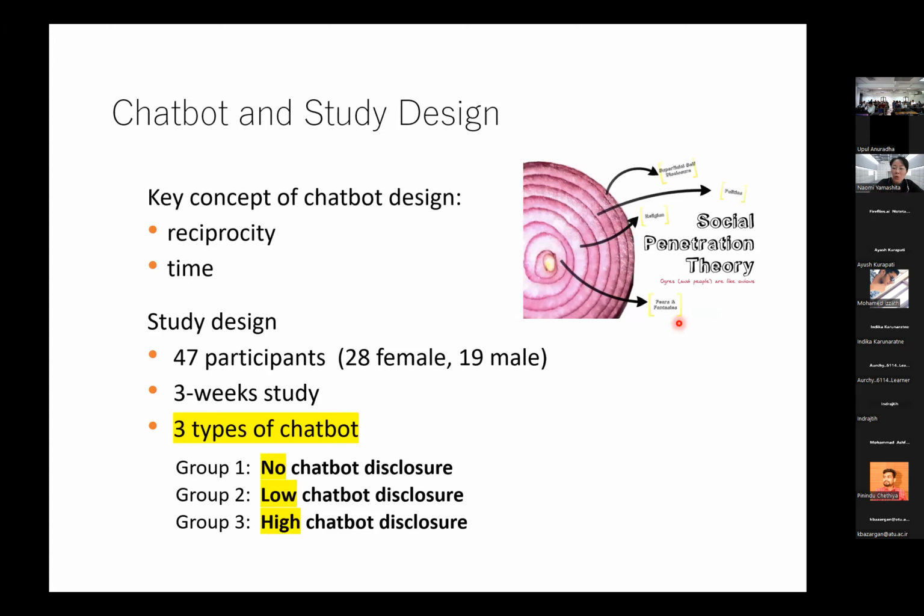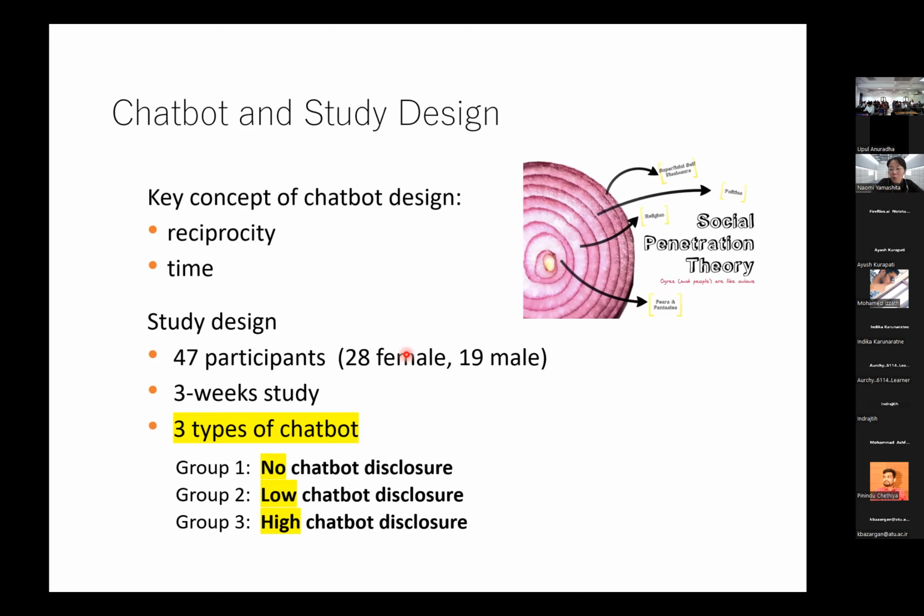Now, according to social penetration theory, reciprocity and time are key elements to build deep relationships among humans. And so, disclosure should happen from both sides. A relationship does not happen if only one person keeps on disclosing. So disclosure has to happen from both ends.